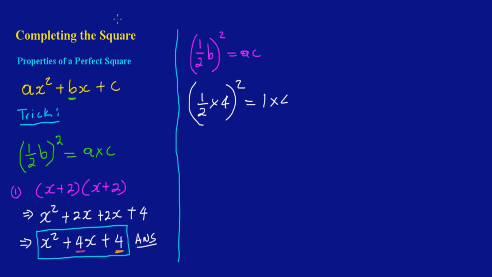Now a half of 4, working out what's inside the bracket first, is 2, all squared, and that must be equal to 1 times 4, which is 4.